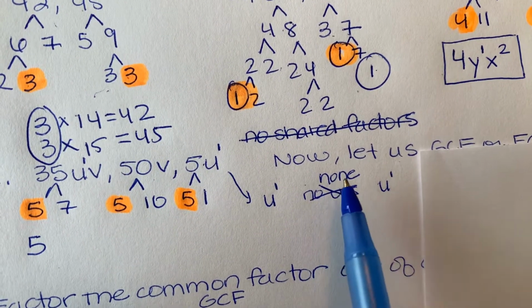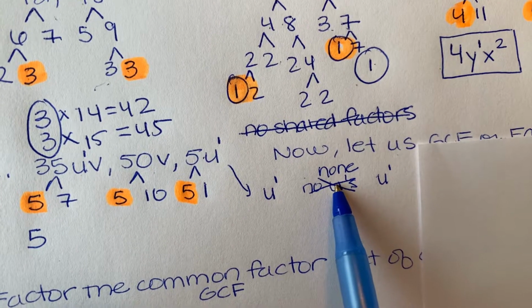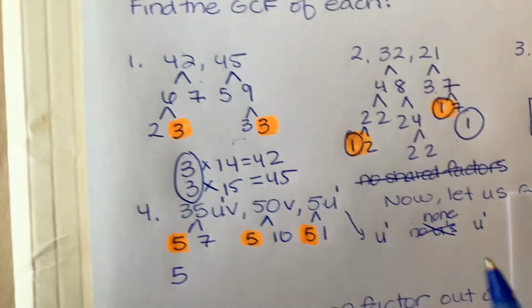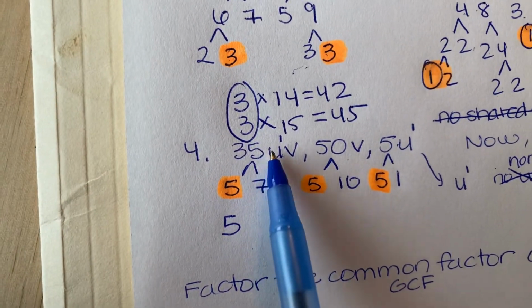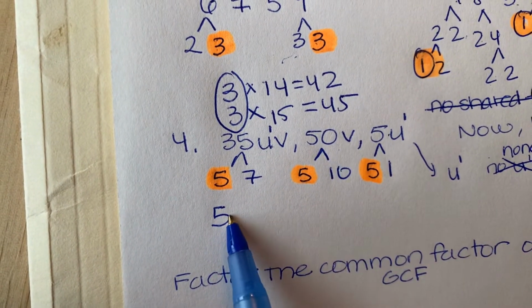It can't share something you do not have, and so none always wins out. So here I cannot remove a U because I have 1, 0, 1. 0 wins. So I cannot remove a U.